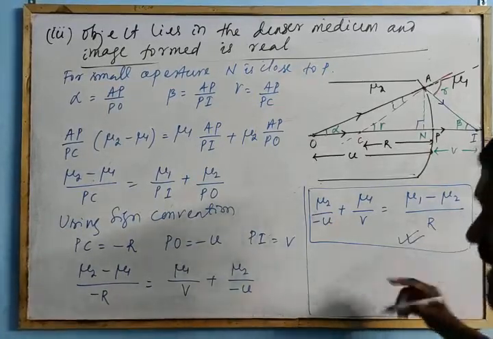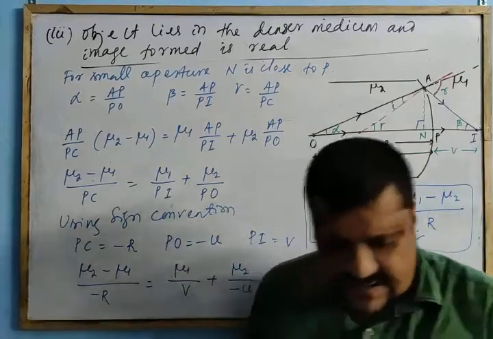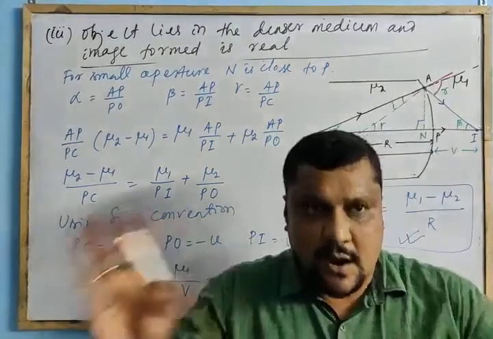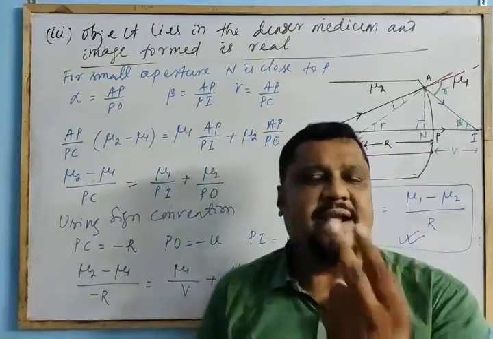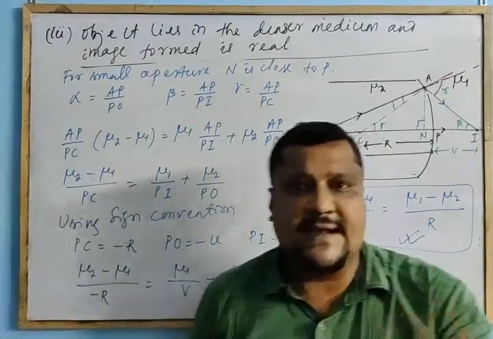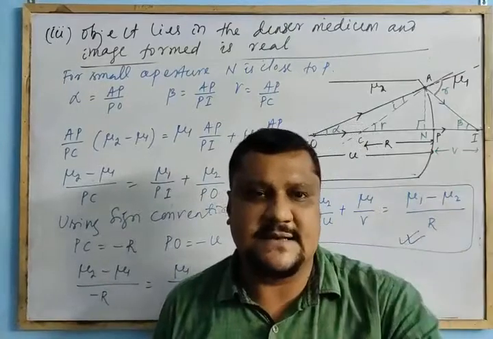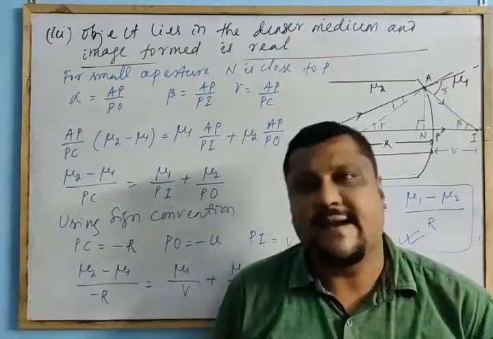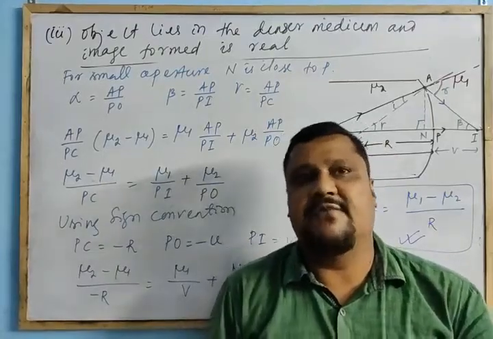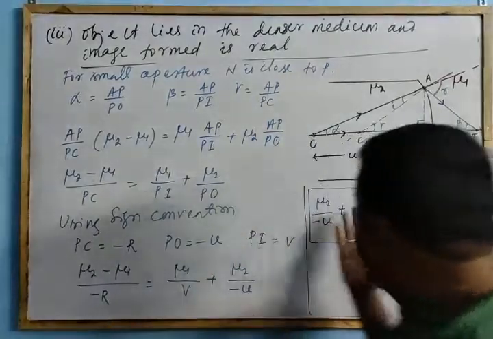That is the relation. After completion of all the 6, I will tell you all 6 combined together, you will get only 2 different relations: when the object is in the rarer medium and when the object is in the denser medium. That is the difference. Clear? So here also you can use this relation.